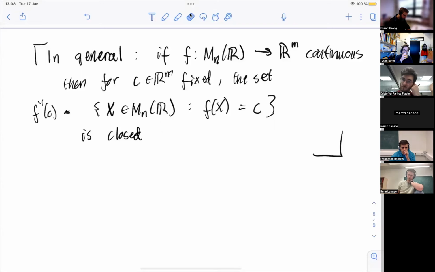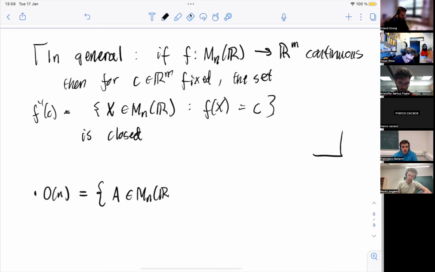So next example. Let's take O_n. These are all the real matrices such that A times A transposed is equal to the identity.